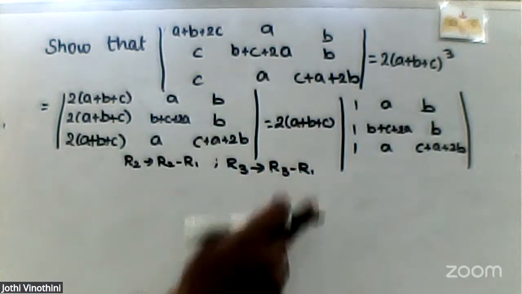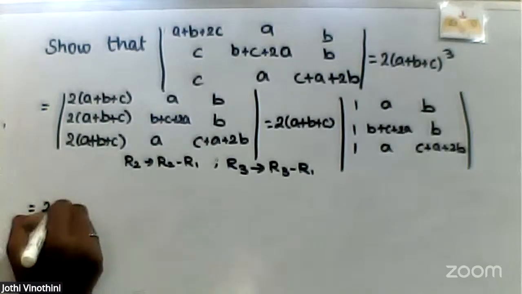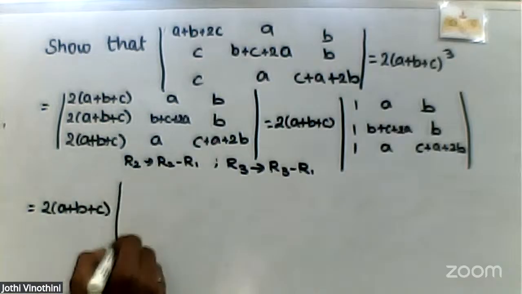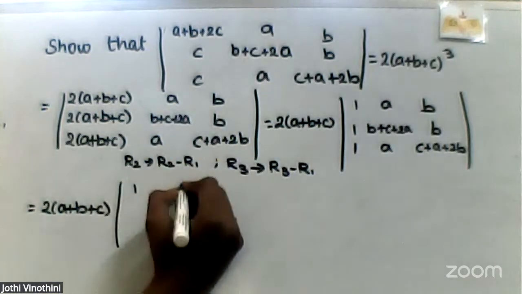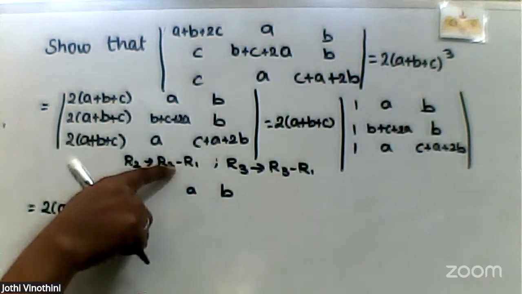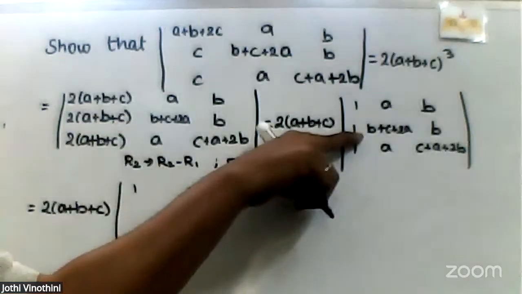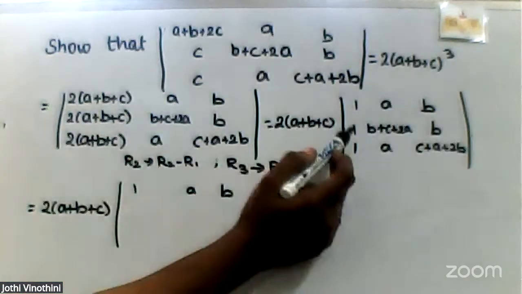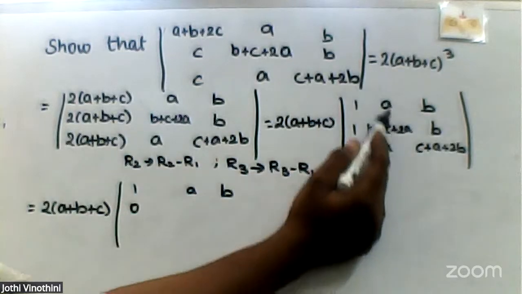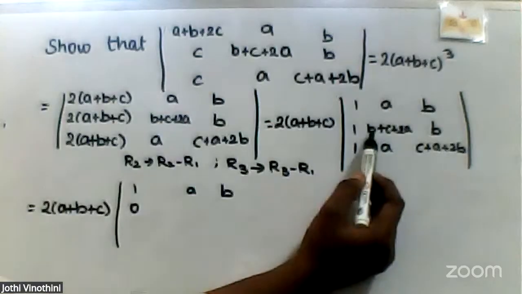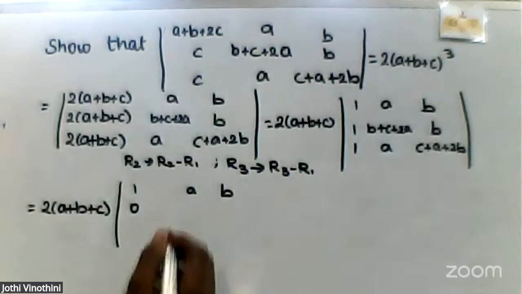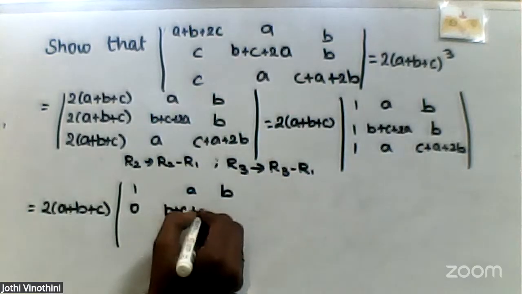So we have 2 multiplied by (a plus b plus c) as common, and row 1 we never touched, so it remains the same. Row 2 is row 2 minus row 1. The first element is 1 minus 1, which is 0. In the second place, b plus c plus 2a minus a gives b plus c plus a.